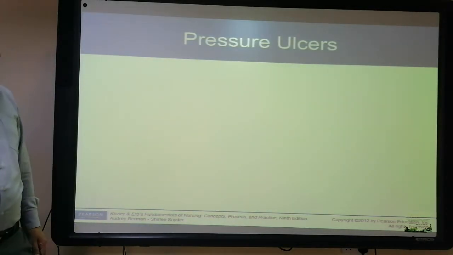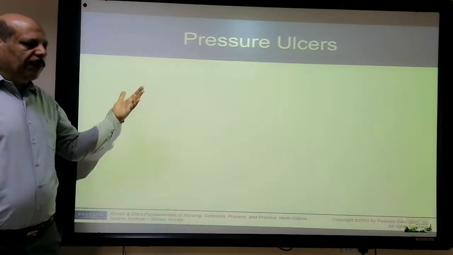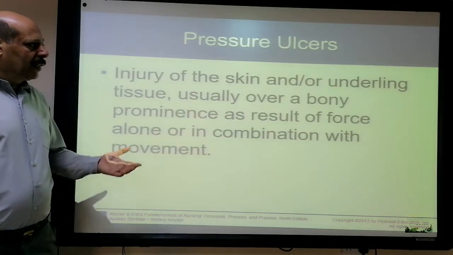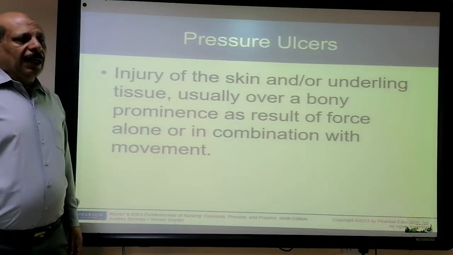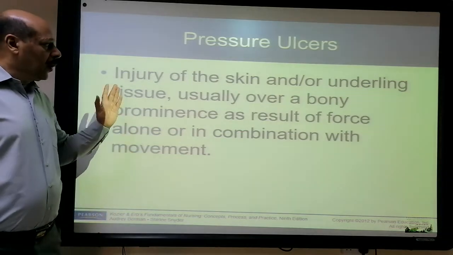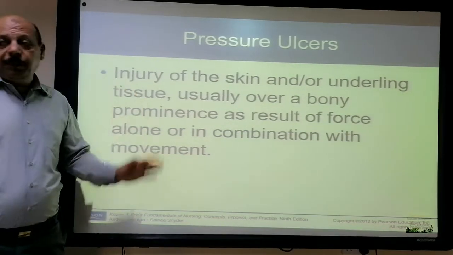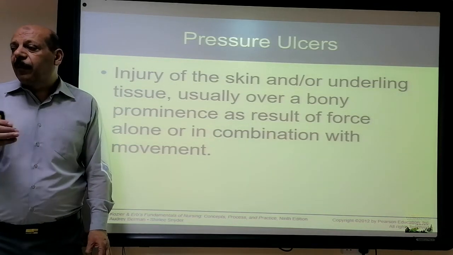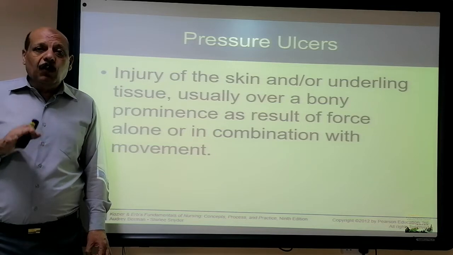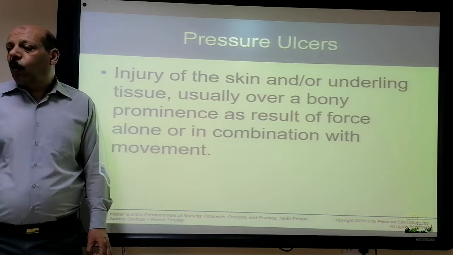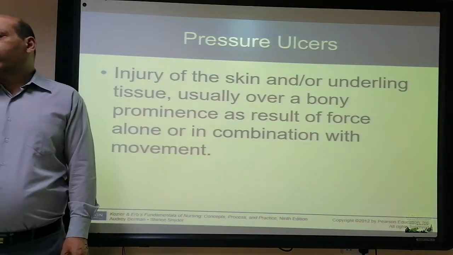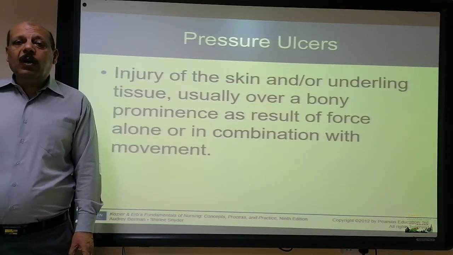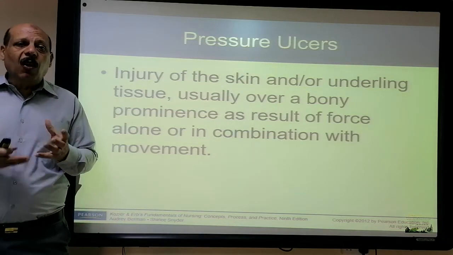Pressure ulcer. What we mean by pressure ulcer: it is called pressure ulcer or decubitus ulcer or bed sore. So there are many names for it, and they mean the same. The pressure ulcer is an injury to the skin and the underlying tissues, mostly over a bony prominent area, which results either from force alone or force in combination with movement.